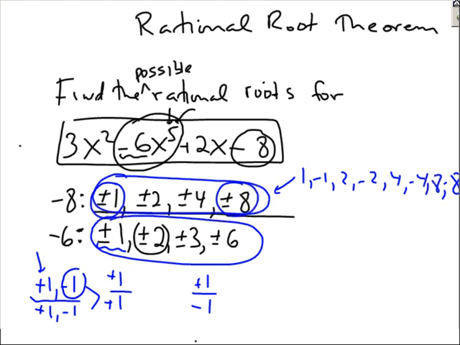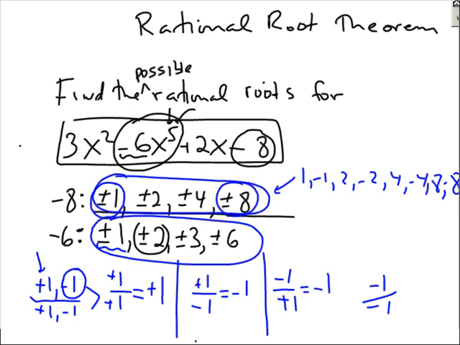Or I could use negative 1 for the top, negative 1 on the top and plus 1 on the bottom, or negative 1 on the top and negative 1 on the bottom. These fractions, plus 1 over plus 1 is plus 1. This fraction is negative 1. This fraction is also negative 1. This fraction is positive 1. That is, I only get back plus minus 1.